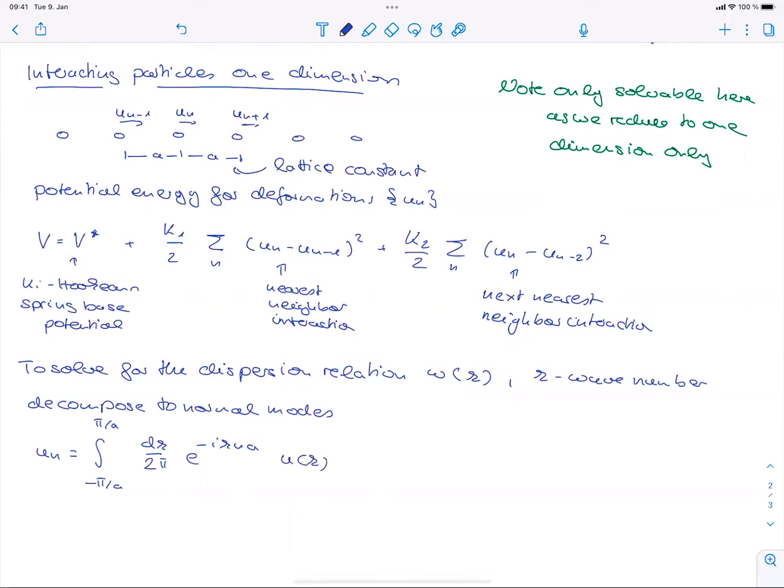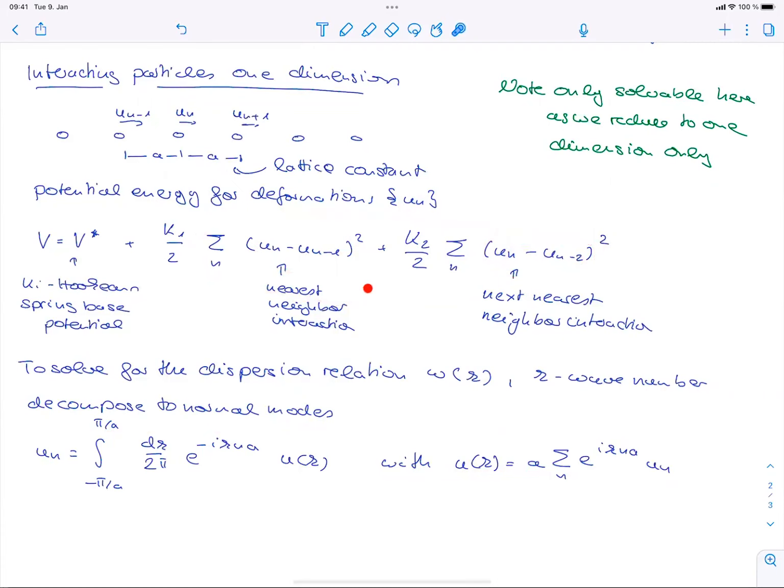And then I have my deformations in Fourier space, which are consistently defined then as the inverse Fourier transform. Okay. And now making this ansatz here, I can calculate these difference terms.